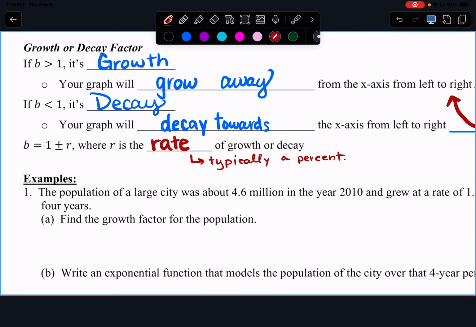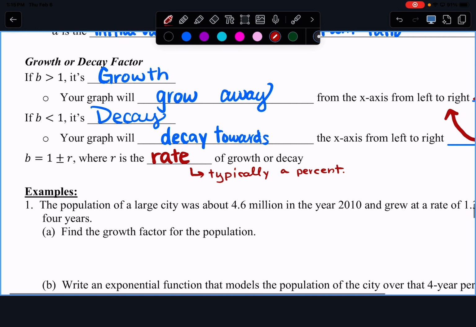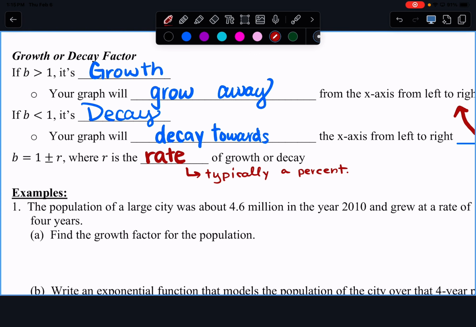Another thing about this is which formula we're going to use. For growth, to find b, do you think I would need to add or subtract? Add. We're going to say 1 plus our rate, and that will tell us our b for growth.